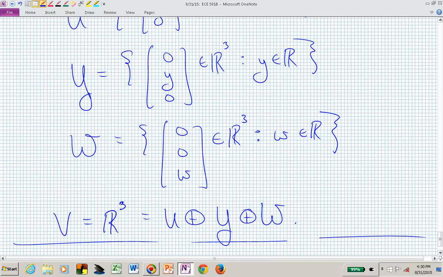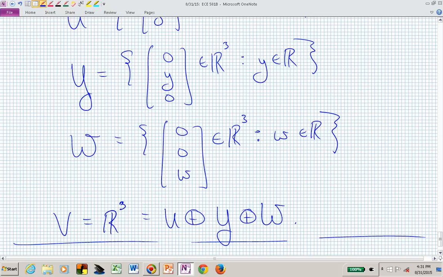Yes, question? So the question is, should we be thinking about direct sums like partitioning? And yes, we are partitioning our underlying vector space into pieces, and those pieces are subspaces. In this particular example, those pieces are orthogonal, but they don't have to be.